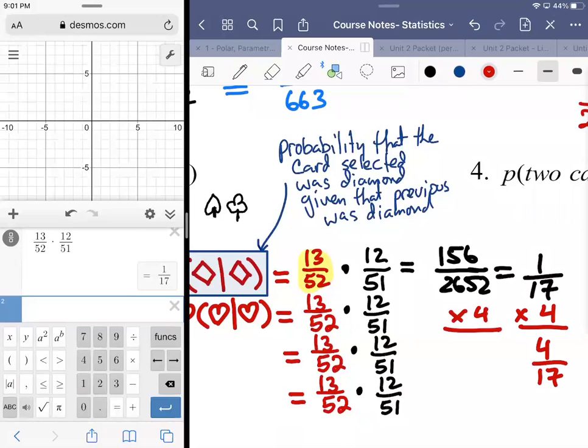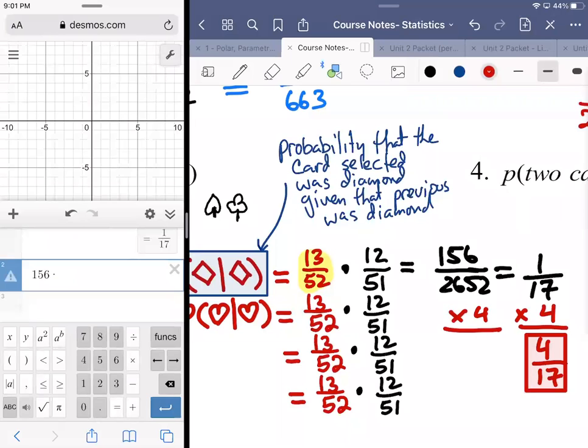I would say that you can't always look at a final answer for probability and say, that makes sense based off my personal experience, but sometimes you can. And if you can, then you probably should. The other possible acceptable answer would be 624 out of 2652.